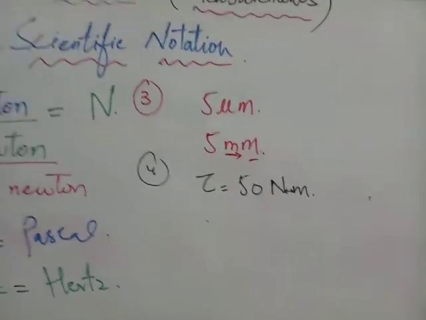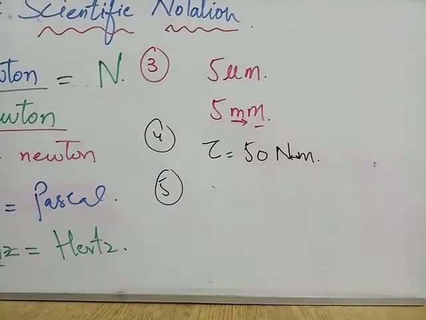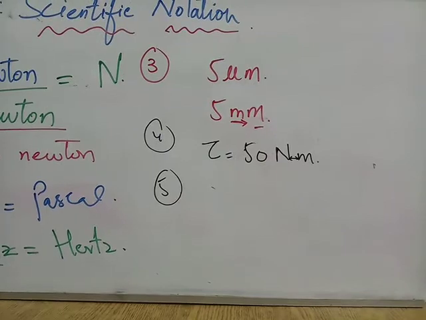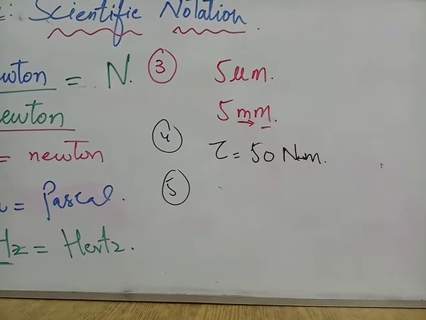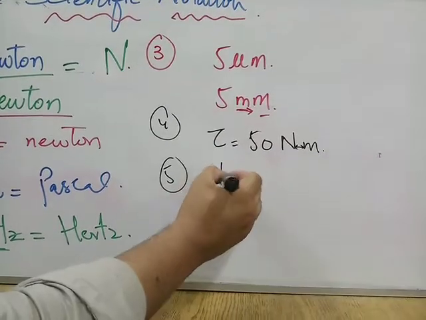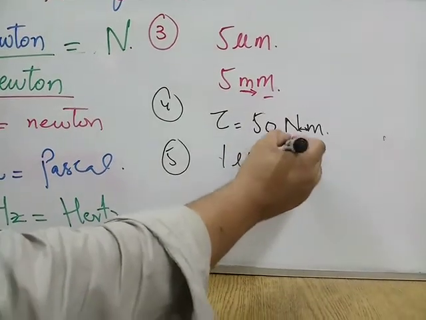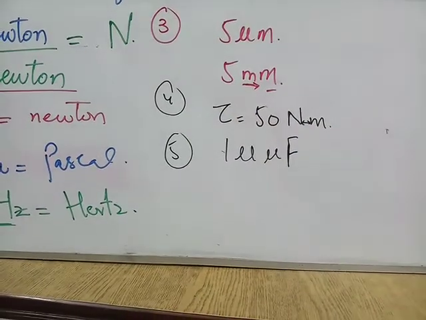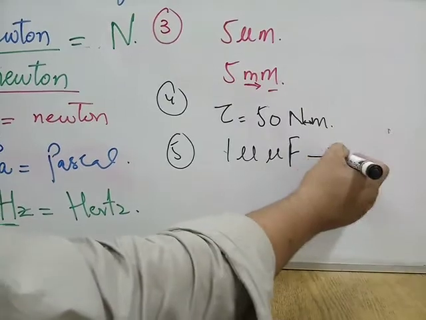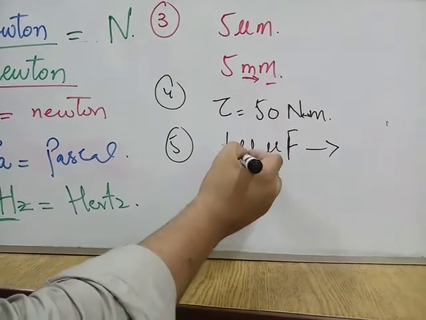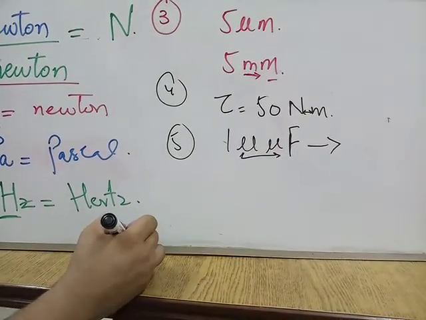Number 5: double, triple and so on prefixes are not used, like 1 microfarad. There are no double prefixes or triple prefixes used.